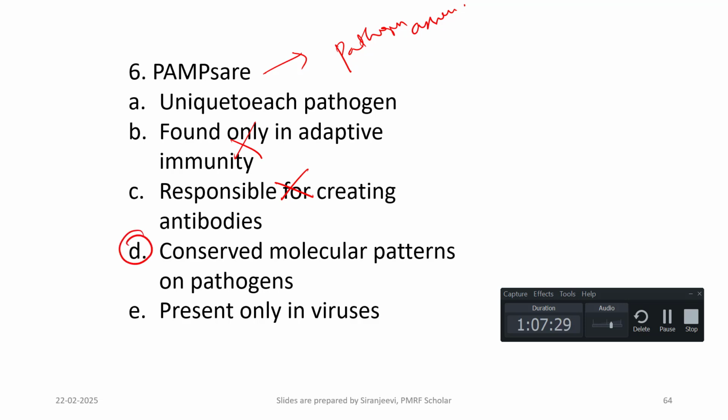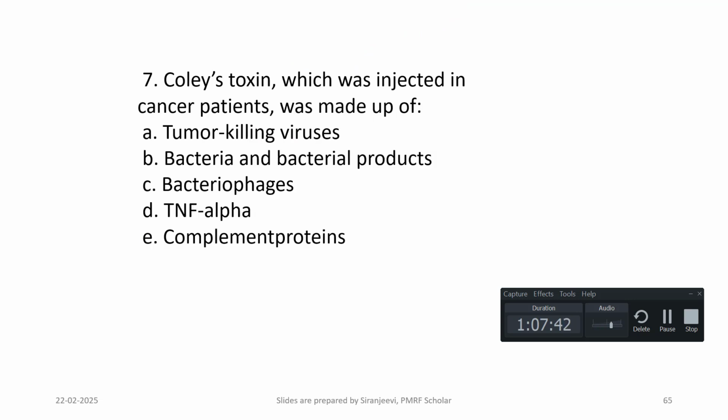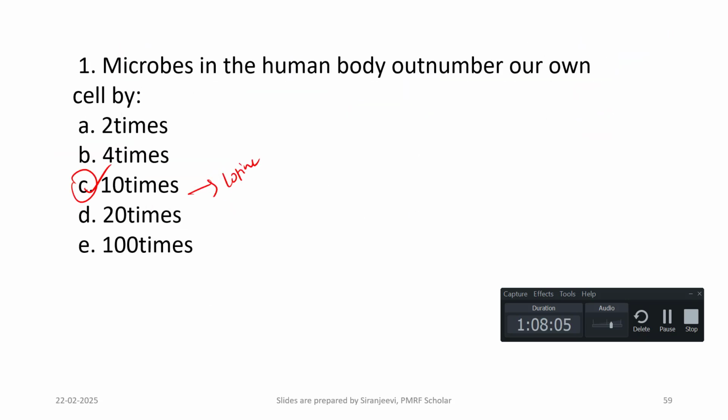He took some streptococcus bacteria and put it on cancer patients who were terminally ill, where there was no possibility to remove the tumor. So then he gave this. So the answer is what, A, B, C, D or E? Option B, bacteria and bacterial products. So he took the streptococcus and injected the bacterial products to remove the tumor.